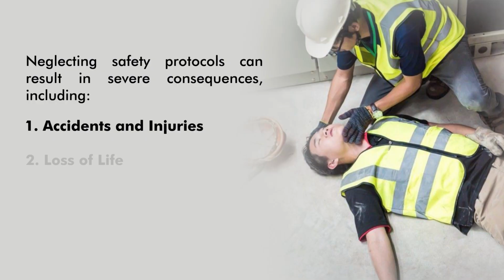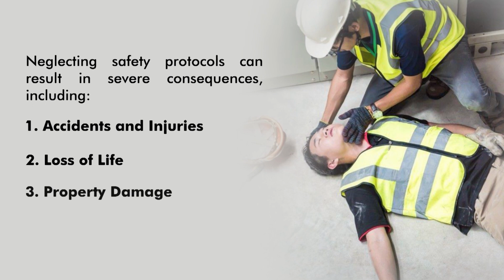Next one is loss of life. Yes, in the worst cases, inadequate safety measures can result in a loss of life due to accidents or fire incidents. These tragedies not only impact families and communities but also the legal and financial standing of the organizations. Property damage. Industrial settings often involve flammable material, machinery and equipment.